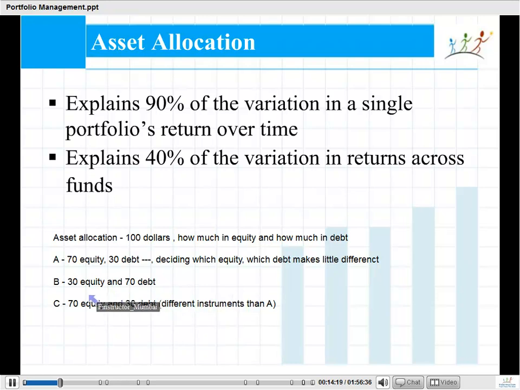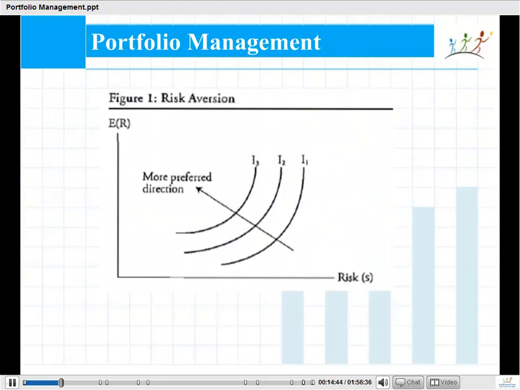A very small percentage of the difference in returns will actually be ascribed to timing the market or to which equity did B buy and which exact stock or which equity did A buy. The biggest difference in funds comes because they have a different asset allocation than A has. So asset allocation is the most important decision that you will take for your client.